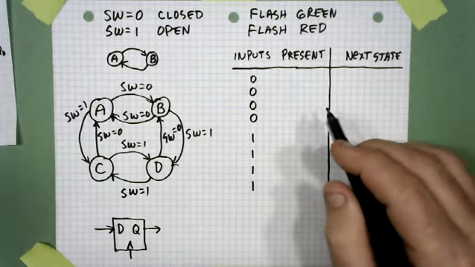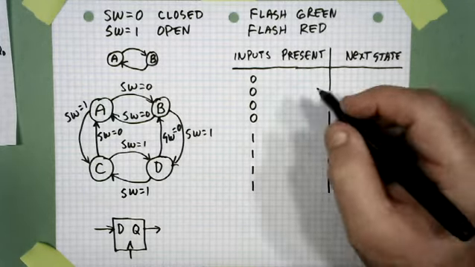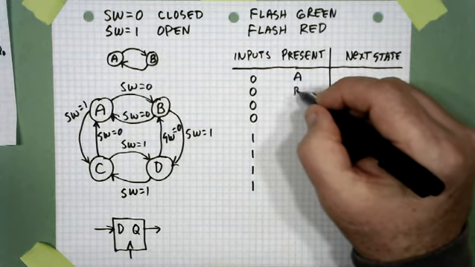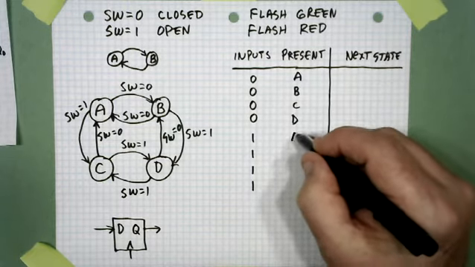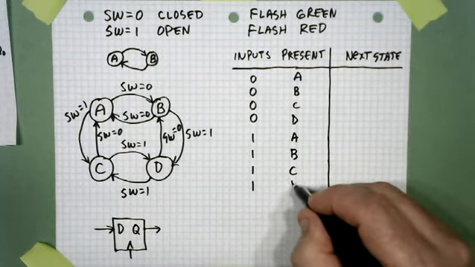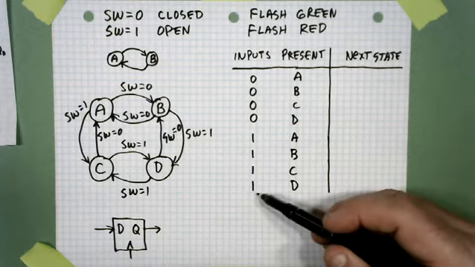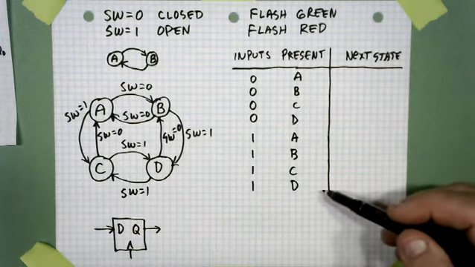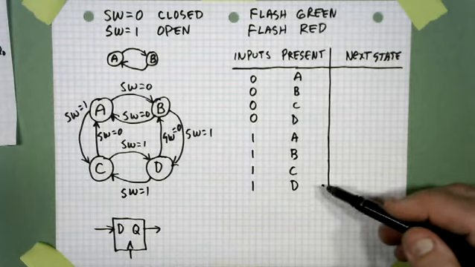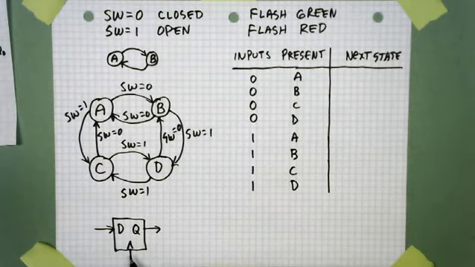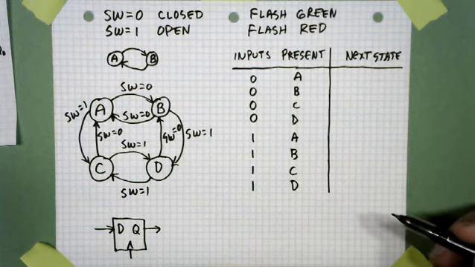I don't have to list them in any particular order, but let me just list them as A, B, C, D. Here's all the states we could be in. Here's all the switch states we could be in. So we've accounted for every possible condition that could, on the next clock, lead to a change of state. Or not. Sometimes the states don't change.